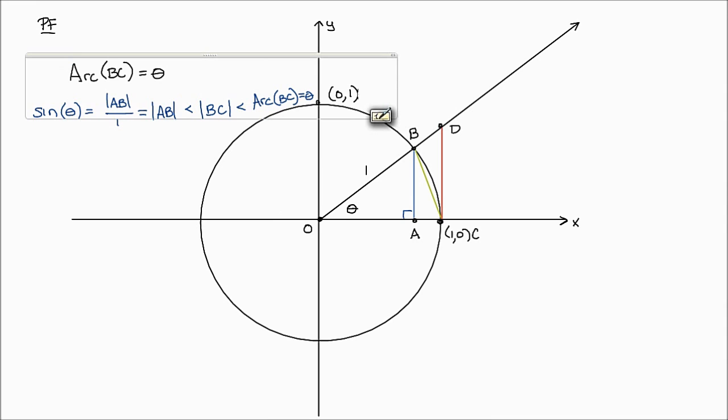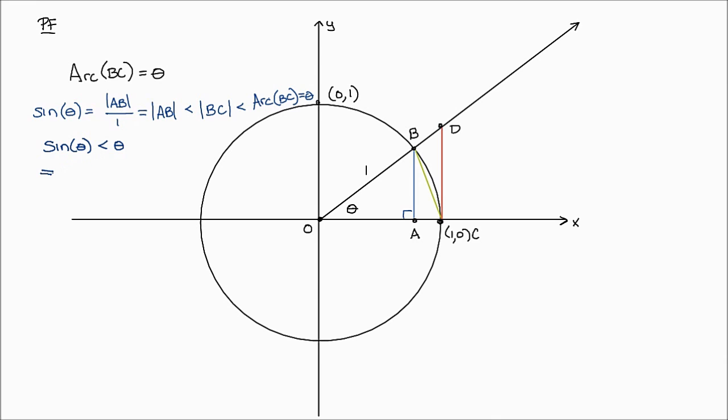Mainly because it's telling us that, in this chain of inequalities, sine of theta must be less than theta. If I divide both sides of this inequality by theta, theta is positive in this case, so it doesn't switch the inequality.